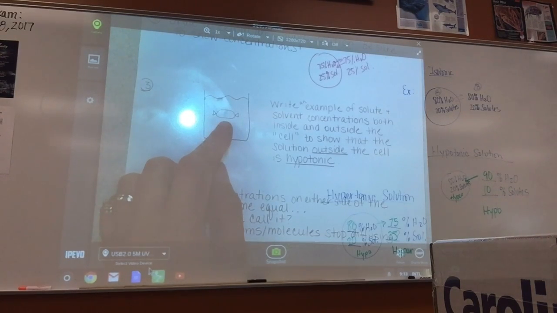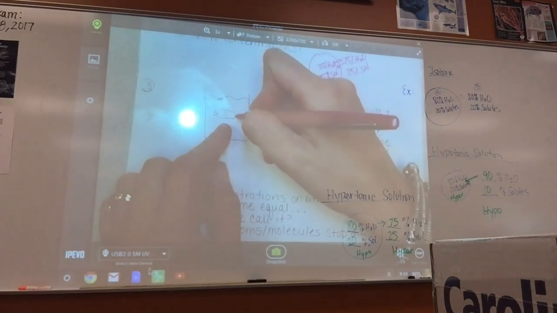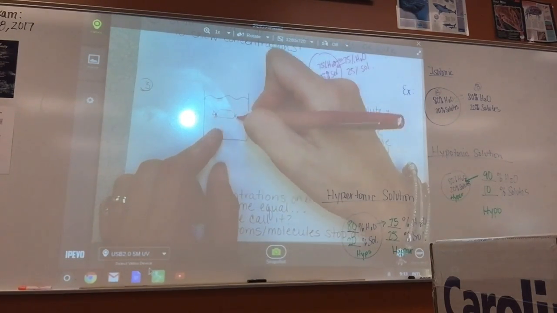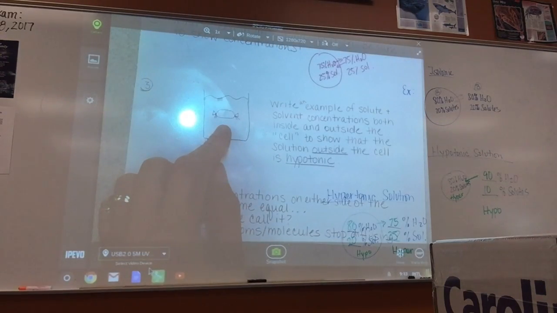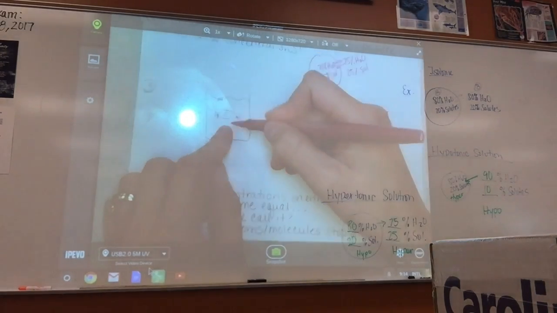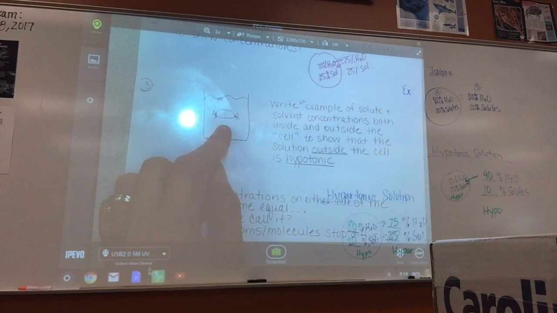But it's a tubing that you can put solutions in and tie off either end, and it acts as a fake cell because it actually has pores in it of a certain size. And so as long as molecules are small enough to get through the pores, they can get into and out of the cell through these pores. So it kind of acts like a selectively permeable membrane. It's selectively permeable but based on size only.